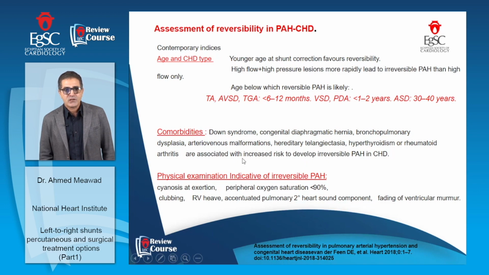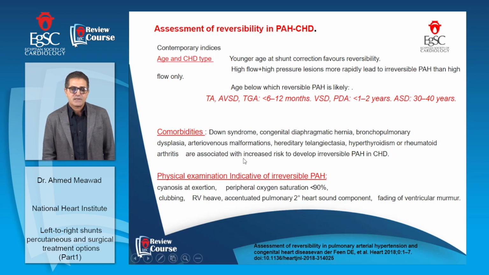On physical examination, when we find cyanosis at exertion or peripheral oxygen saturation less than 90, clinical signs of pulmonary hypertension like right ventricular heave, accentuated second sound, or fading of ventricular murmurs, it is in favor of irreversibility.